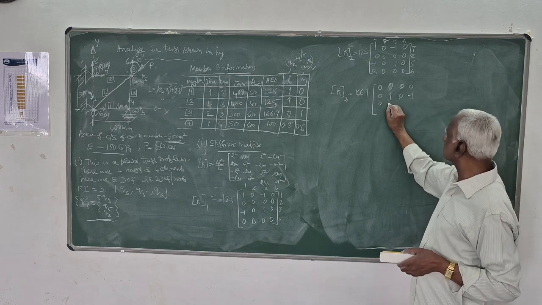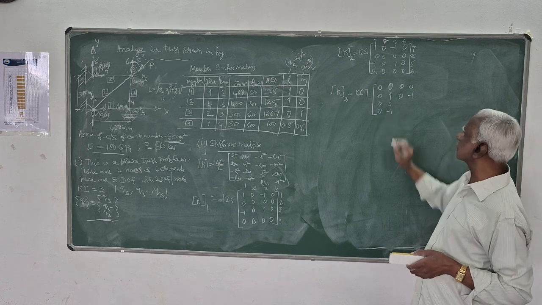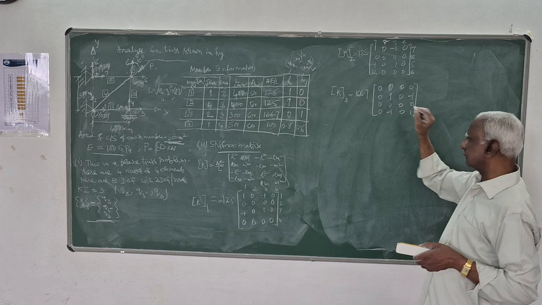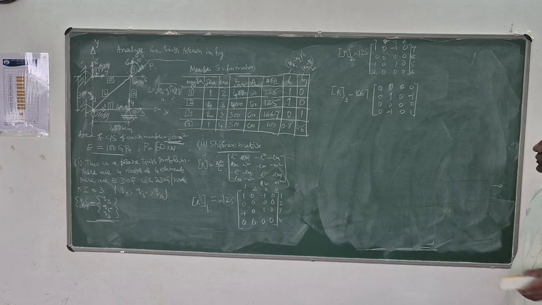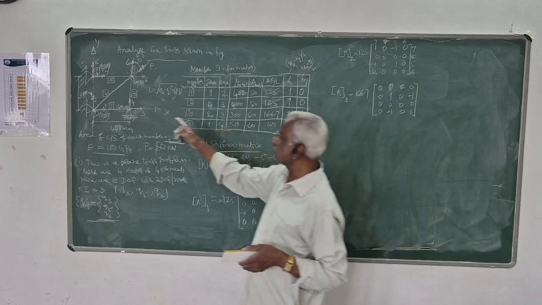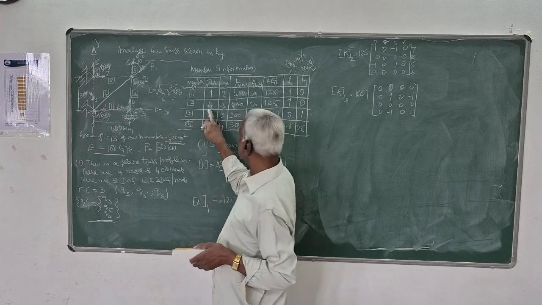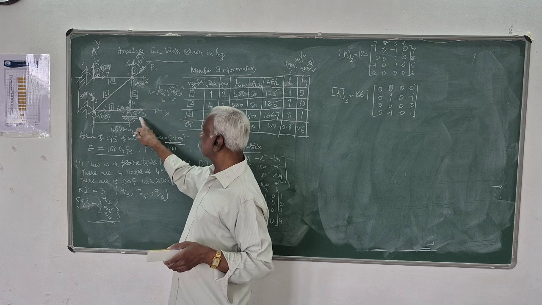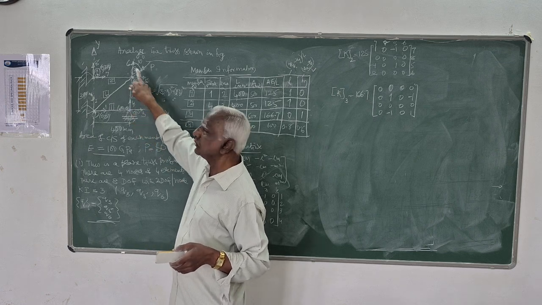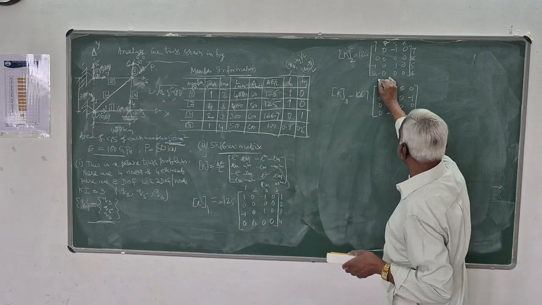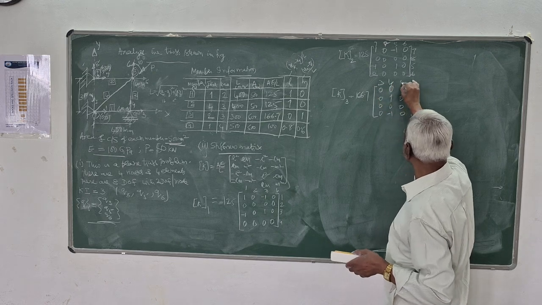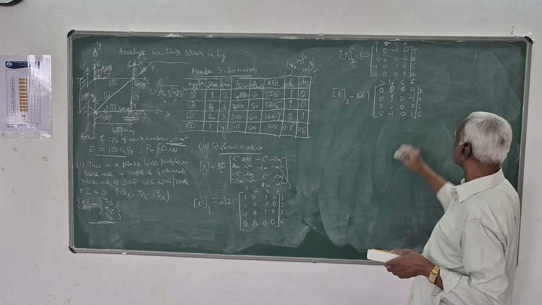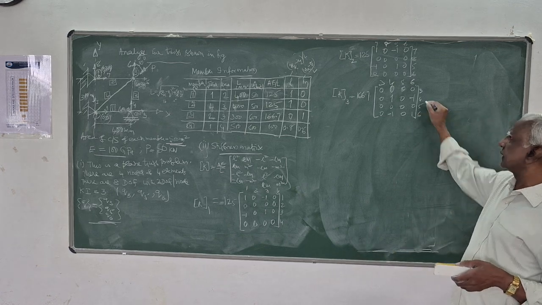Here 0, 0, 0, minus 1. Here it is 4, 1. So now you have to write which of the degrees of freedom? Here for 3, 2 to 3, it is 3, 4, 5, 6. Carefully you have to write the degrees of freedom. 3, 4, 5, 6. You have to write.